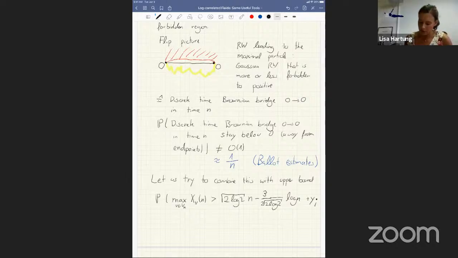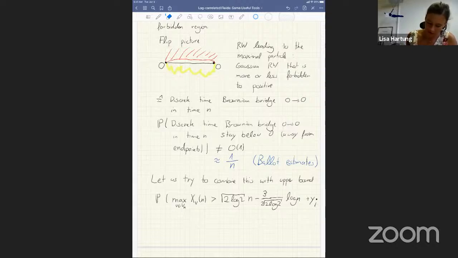And now what I will just say is that I will just add in this probability the additional constraint.